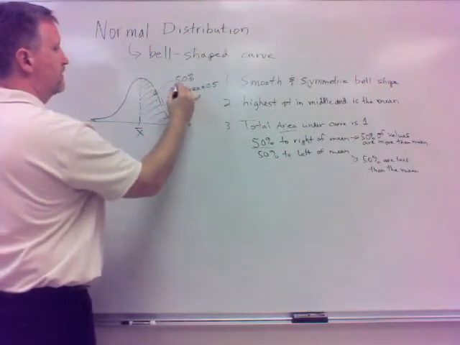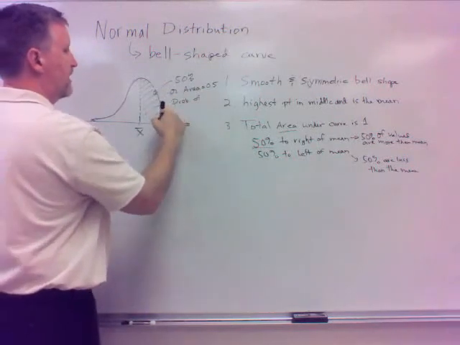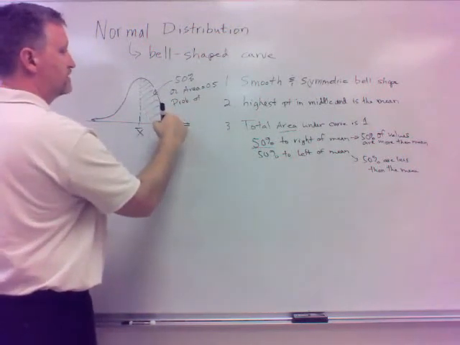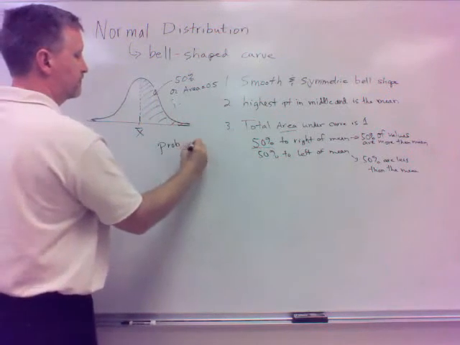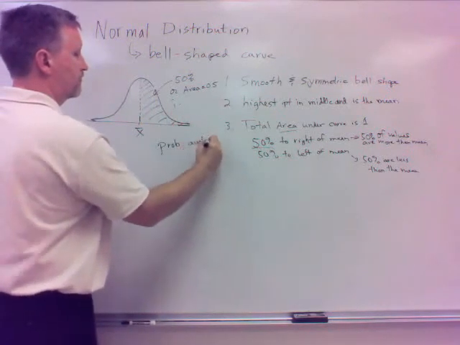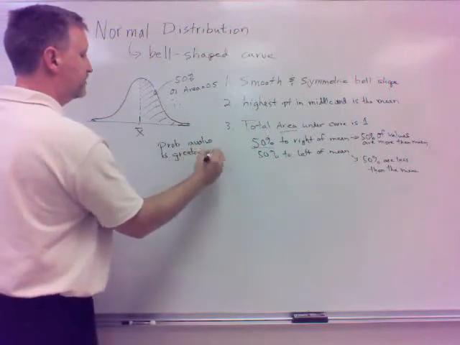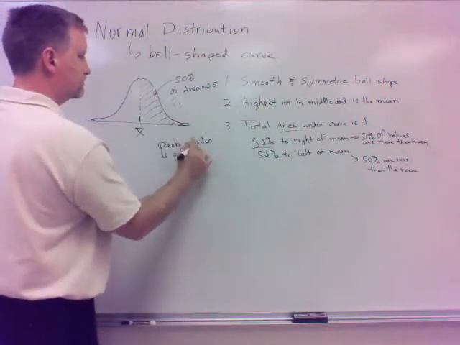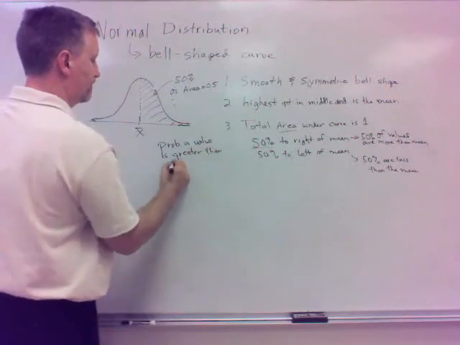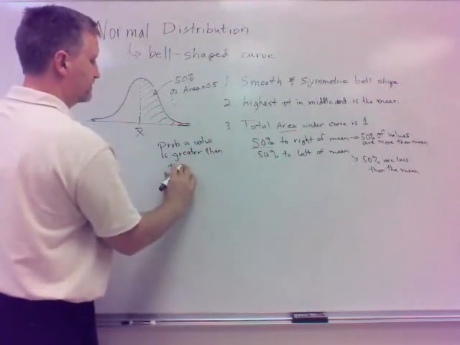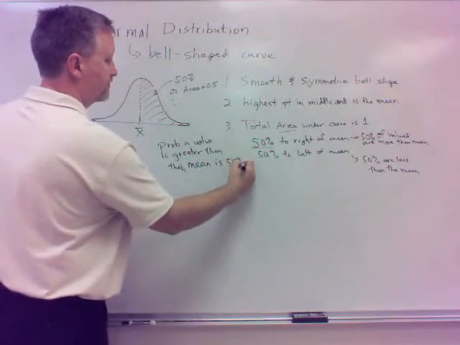So this area is 50% or 0.5, and the probability that a value is greater than the mean is 50% as well.